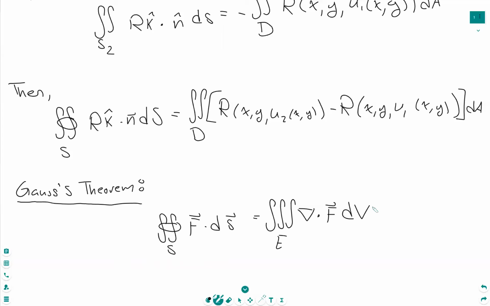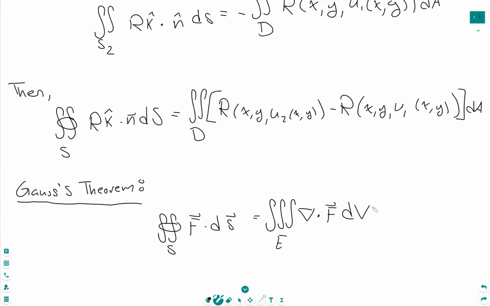Remember, we saw something very similar with the flux form of Green's, right? So if you have a flux line integral, you could write this as the area integral of the divergence of f. Well, this is again a closed entity. This is now a closed surface, and the flux through that surface is equal to the divergence over this volume integral.